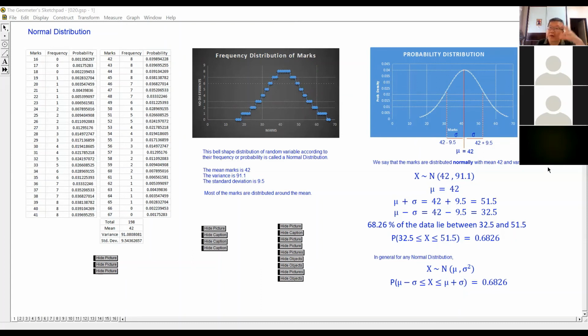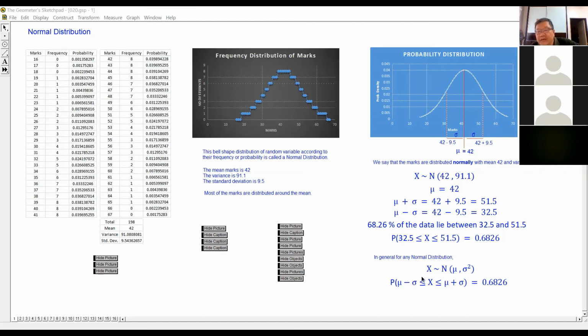For a binomial distribution, if X is distributed binomially, the two parameters are n and p. n is the number of attempts, the number of trials, and p is the probability of success. Those two parameters define a binomial distribution, whereas the mean and the variance define a normal distribution.